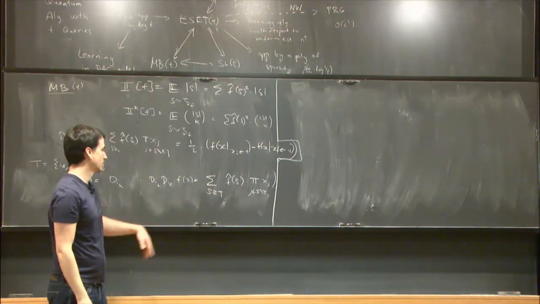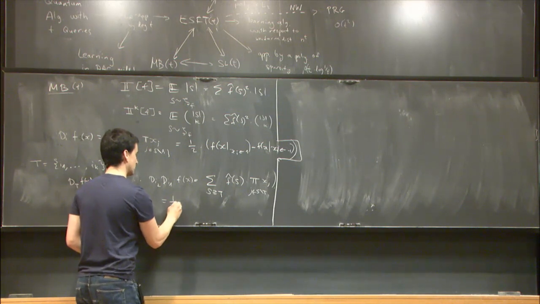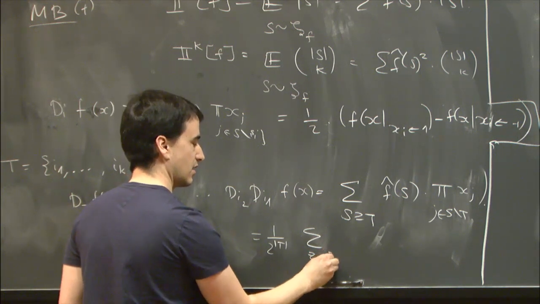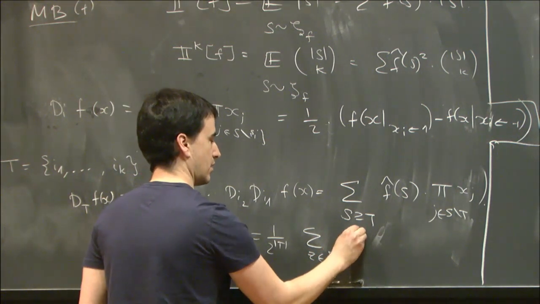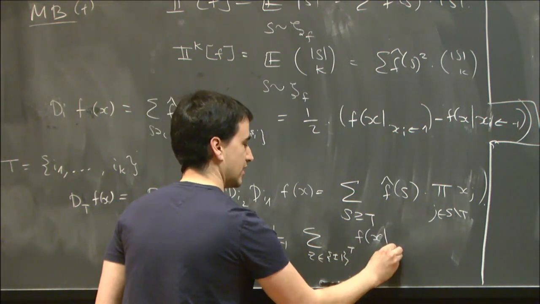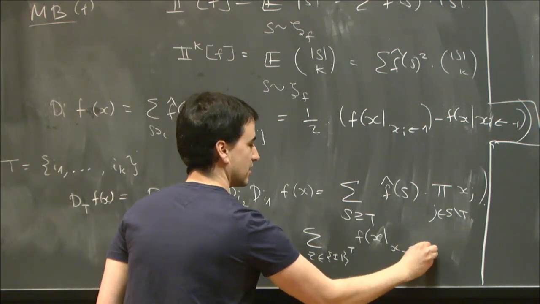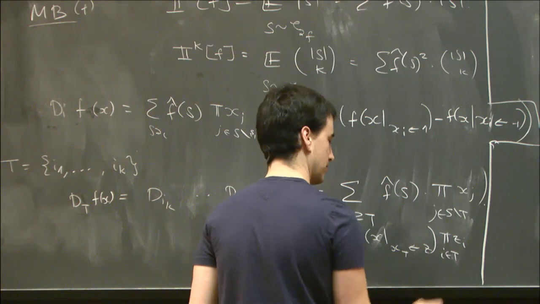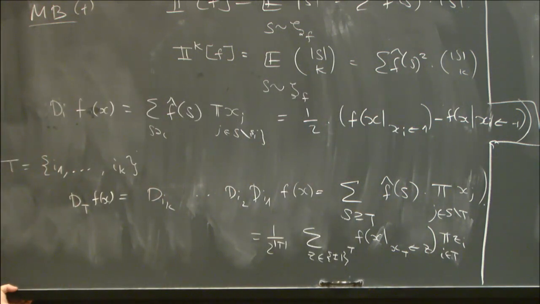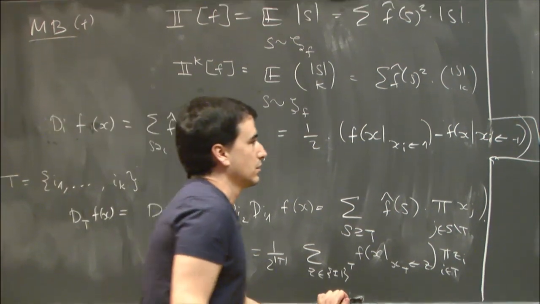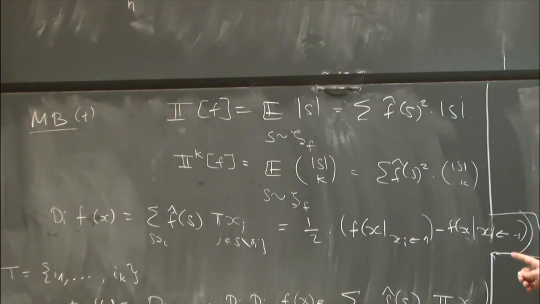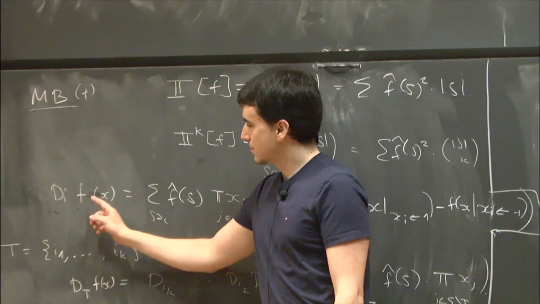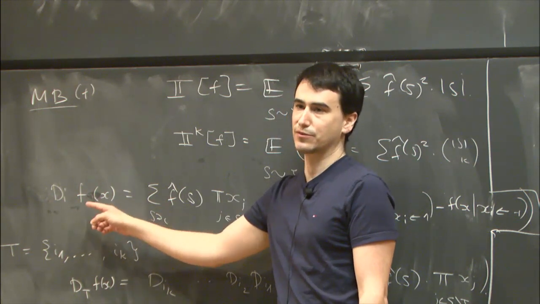So here it will be the sum over all possibilities to assign variables in T. We assign all the variables in T some value z, and we multiply by zi, where i is in T. Recall that the influence was also the expectation of the sum of the derivative squared.